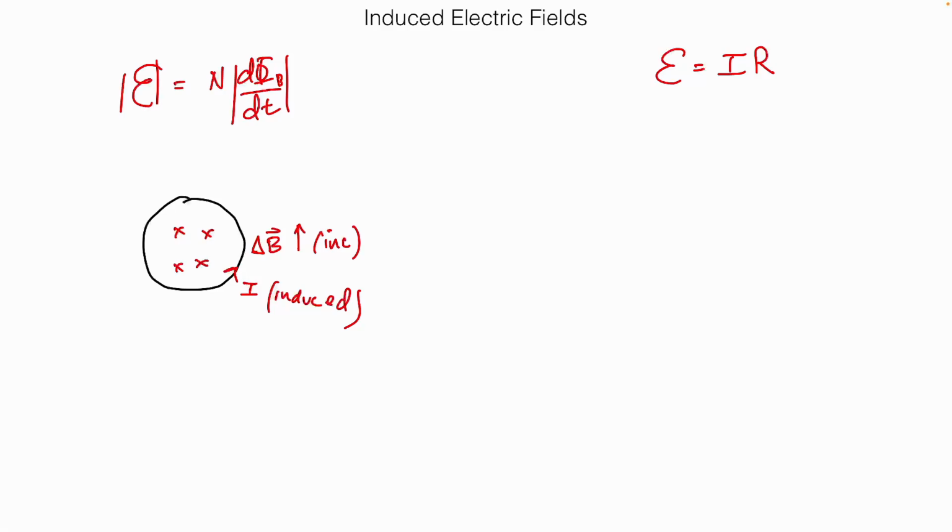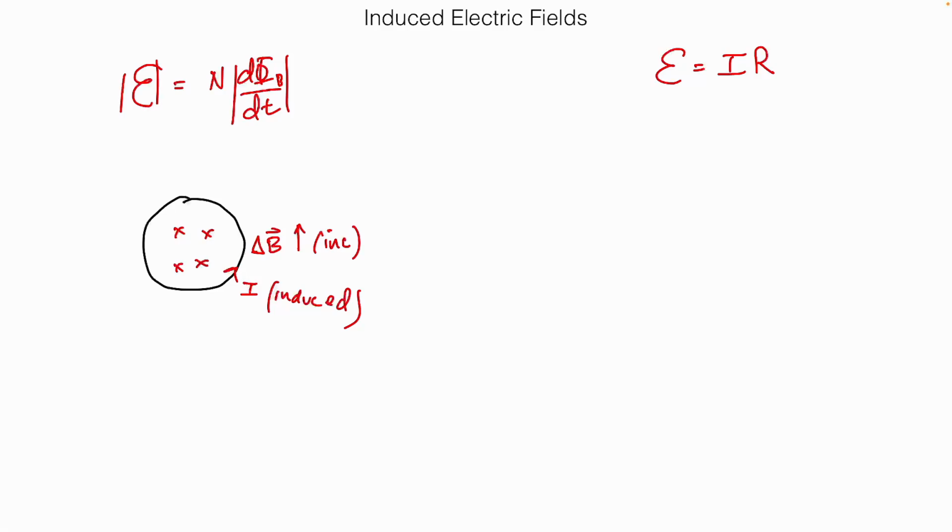And so what does that mean for the voltage? As we go around this loop, what direction is the voltage? Where's the high? Where's the low? It's kind of around, right? If the current's flowing around, then the voltage is taking us in that same direction.